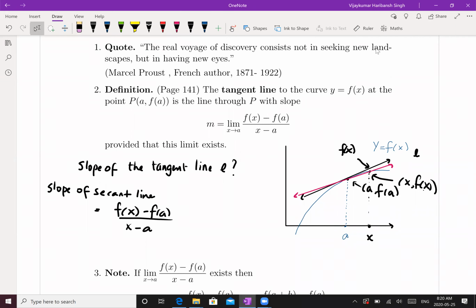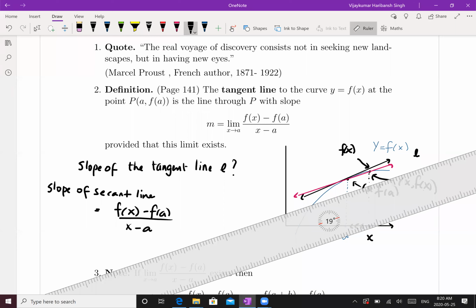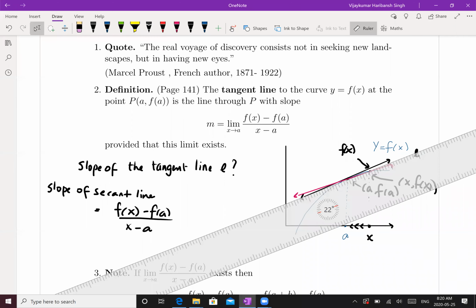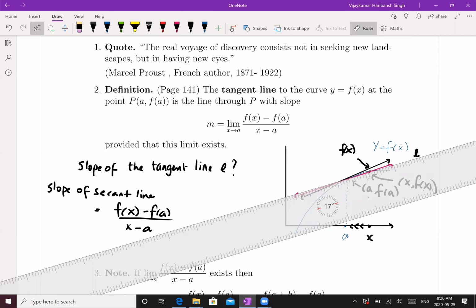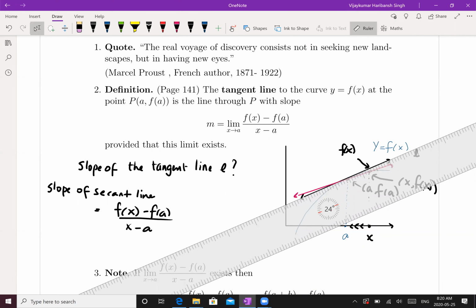So for that, notice that if x goes closer and closer to a, what will happen? If your x goes closer and closer to a, your secant line will become the tangent line, right?